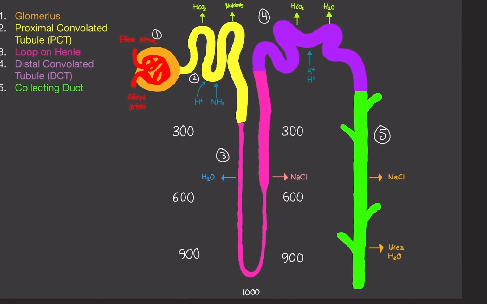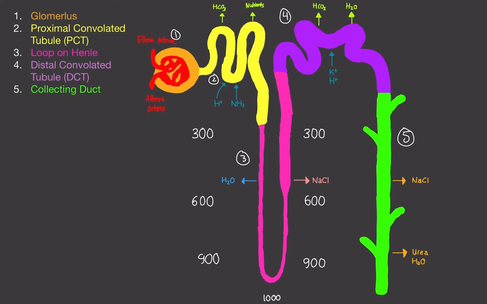So all of this, you're probably getting now, is a backup system. The whole nephron exists as a backup system. Just in case we need nutrients, just in case our blood's acidic or basic, if we need more solutes, or less solutes, or more water or less water, all of this is a backup system. This is our last chance to get stuff back into the blood before we pee it out. That's what all this is.